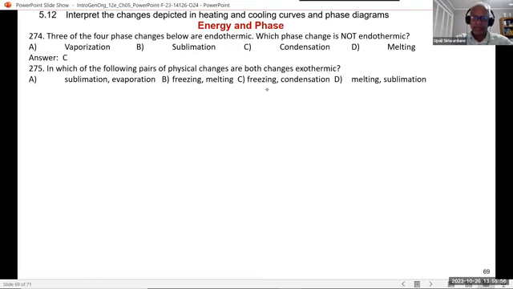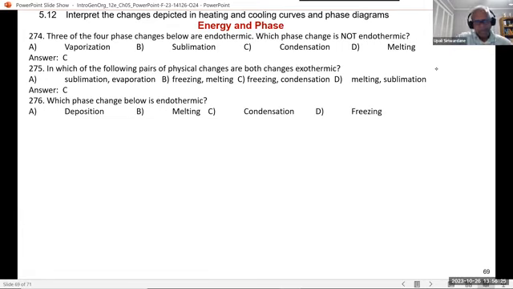Freezing is exothermic. Condensation is exothermic. Melting is exothermic? No. Sublimation is endothermic. The one that I got so far was C. That's the correct answer.